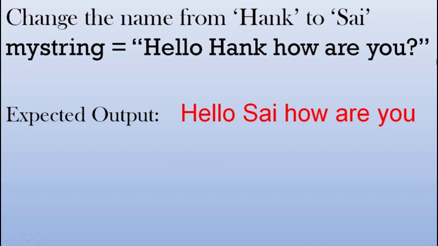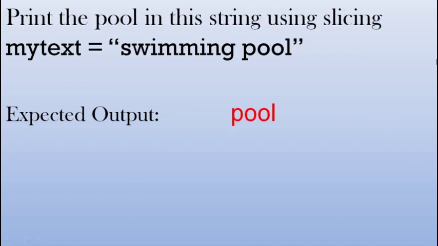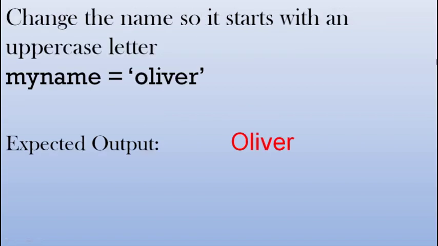Print the pool in the string using slicing. So my text equals swimming pool, print just P-O-O-L. Change the name so it starts with an uppercase letter. Oliver we change to have an uppercase O.